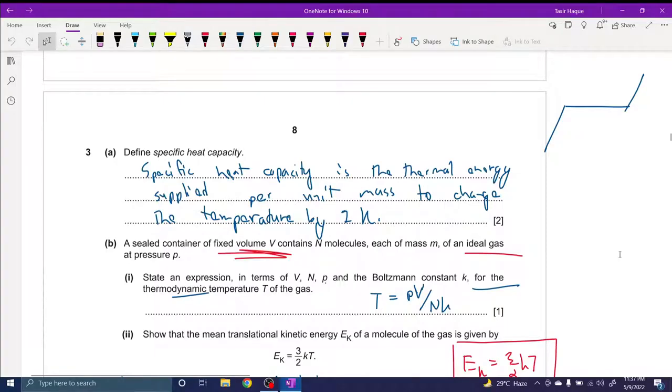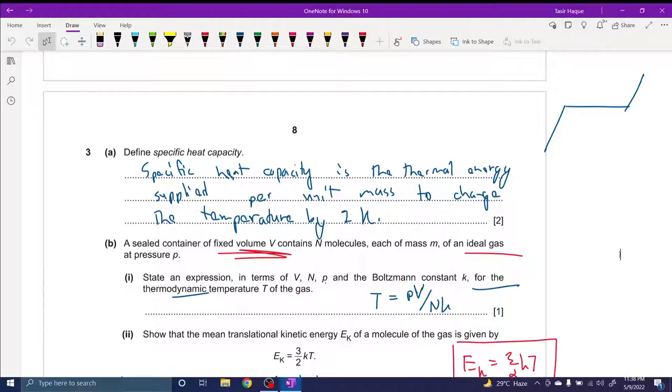For specific heat capacity, it's defined as the thermal energy per unit mass to cause a temperature change of 1 unit. According to the mark scheme, thermal energy per unit mass to cause temperature change is one marking point.